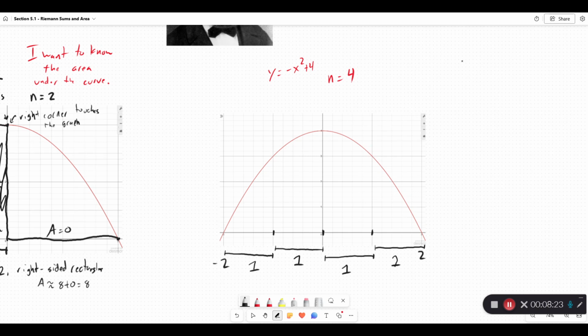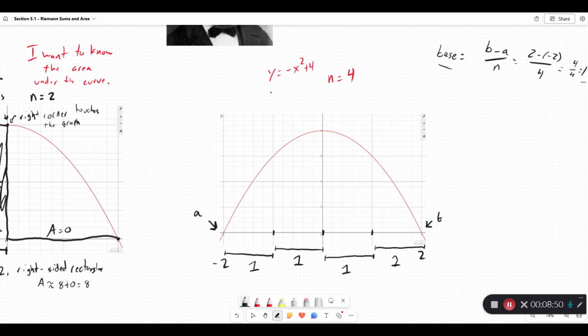And one way that you can figure this out is base is b minus a over n, where I like to call this a and this b. So this would be 2 minus -2 over 4. This is 4 over 4.